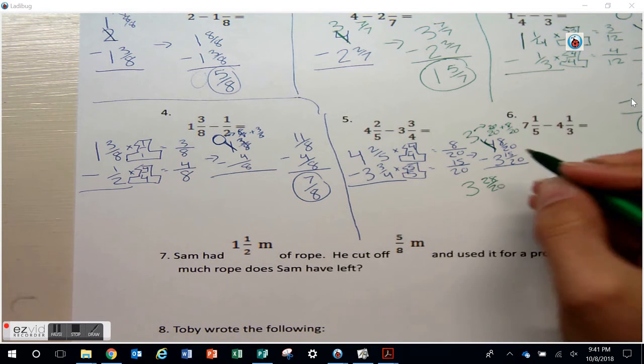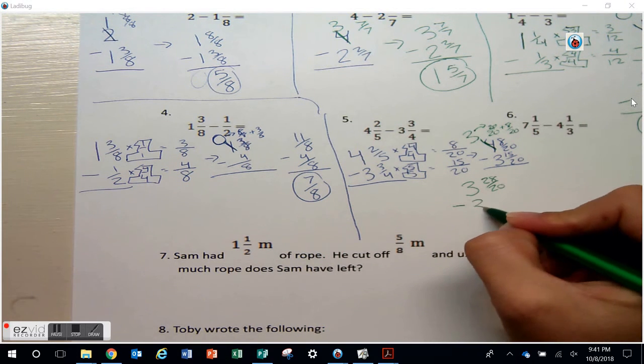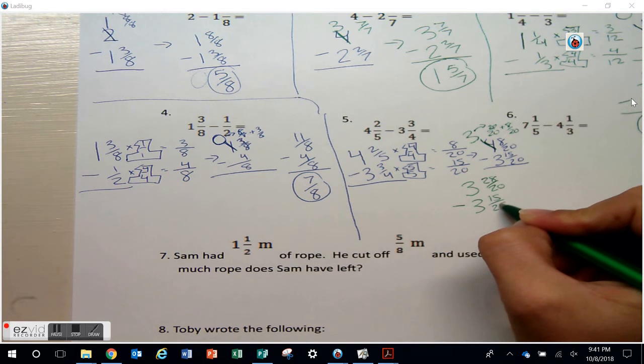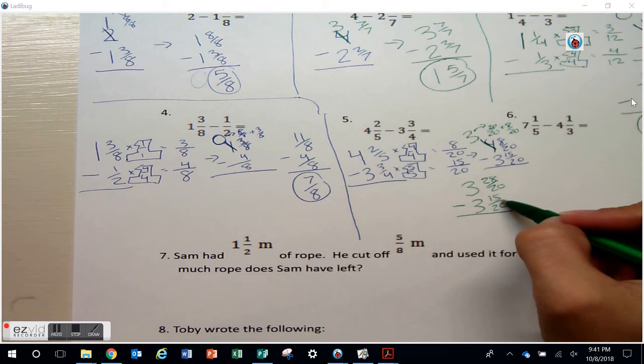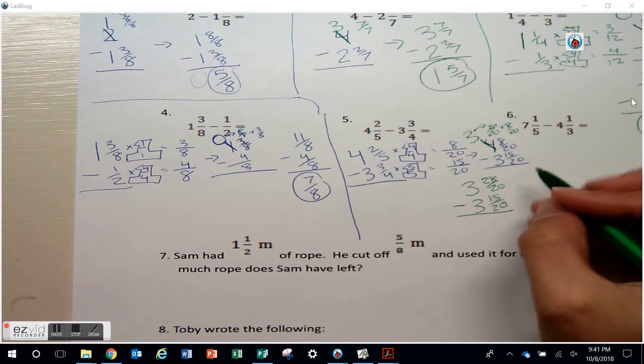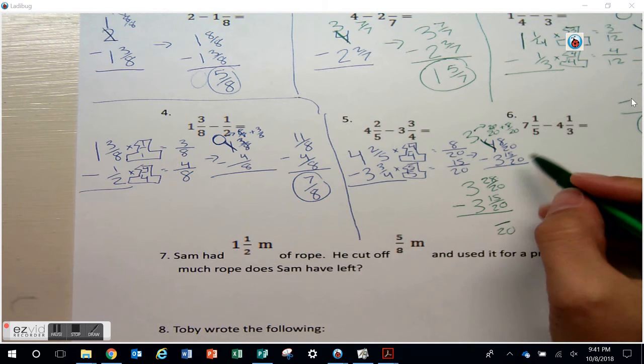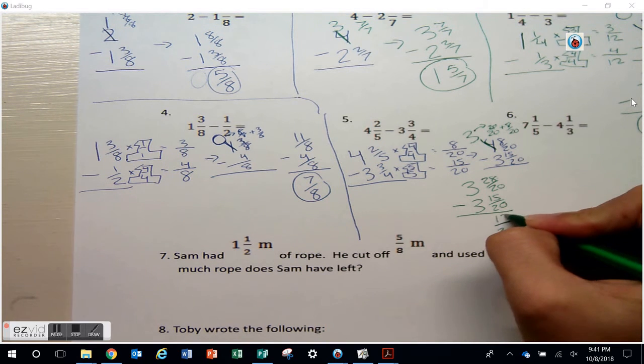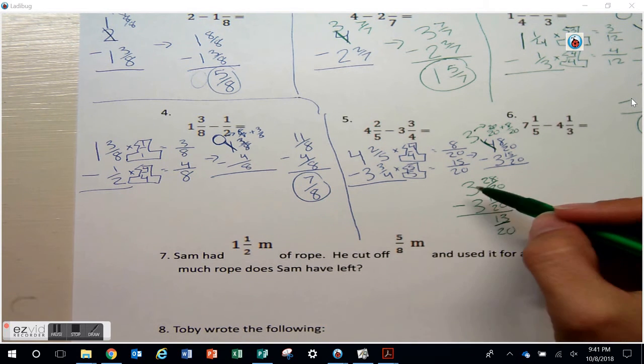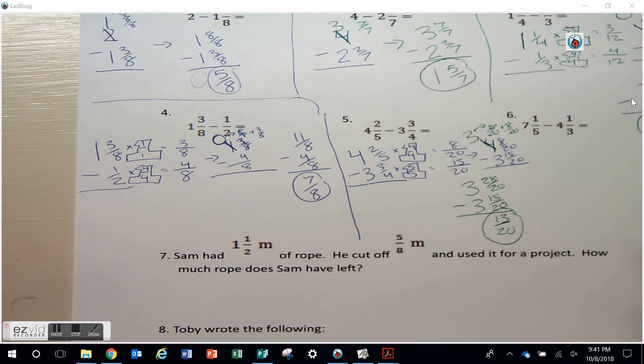And I'm going to subtract from that 3 and 15 twentieths. Well, 28 minus 15, I know I keep my denominator of 20, we get 13 twentieths. 3 minus 3 is 0, so my final answer is 13 twentieths.